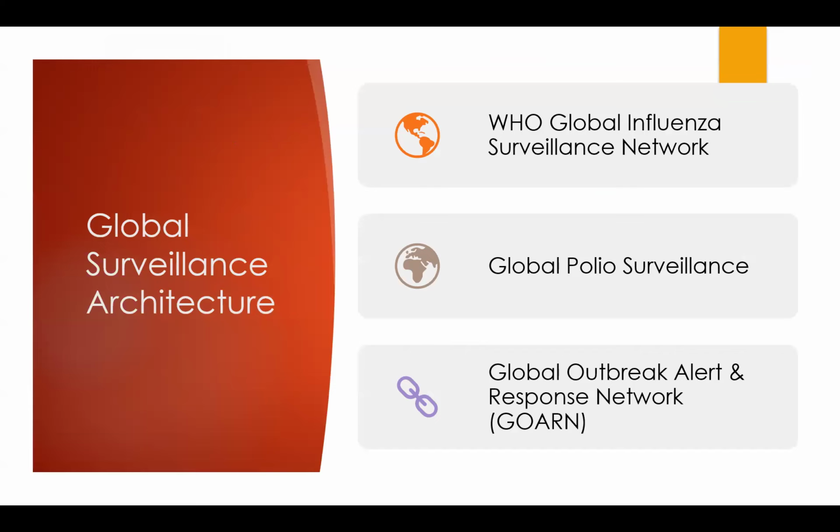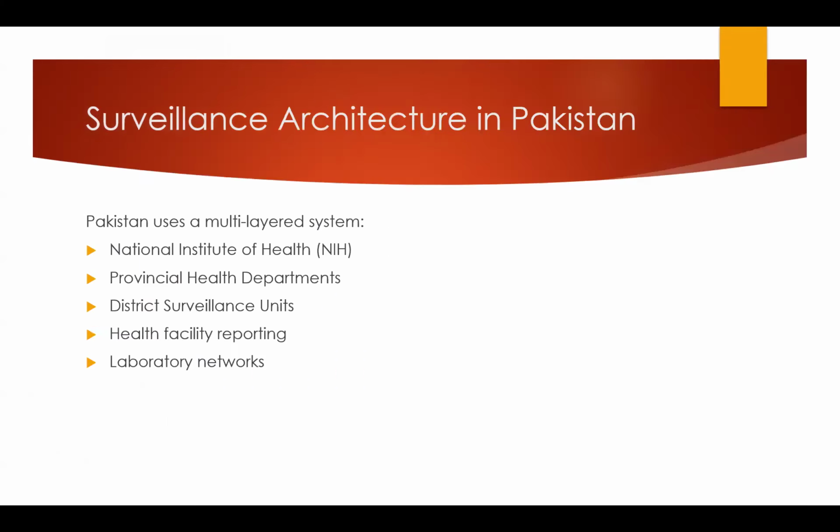So, global surveillance architecture includes, for example, the WHO global influenza surveillance network. Then we have global polio surveillance. These are some of the important examples. Then we have the global outbreak alert and response network. In Pakistan, a multi-layer system is used for surveillance, starting with the National Institute of Health (NIH).